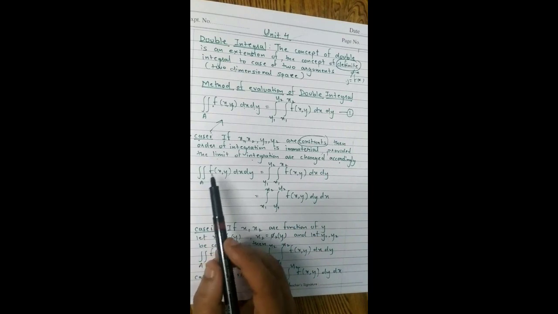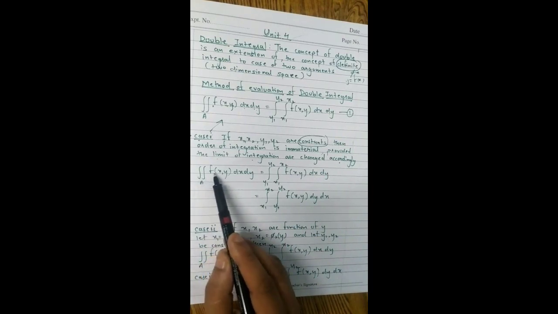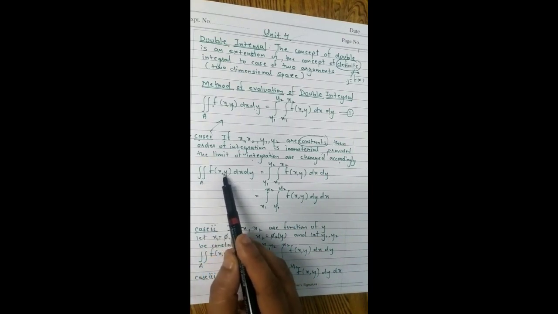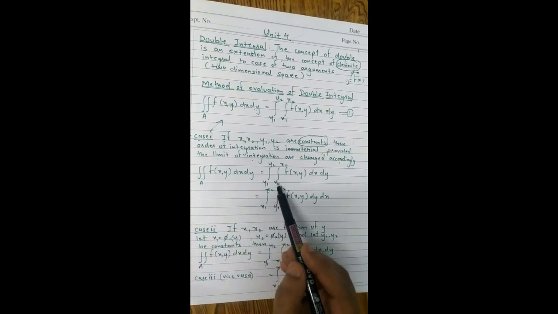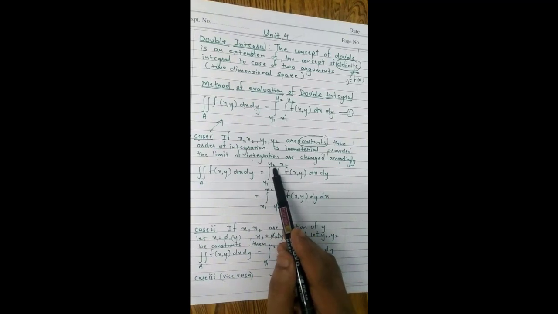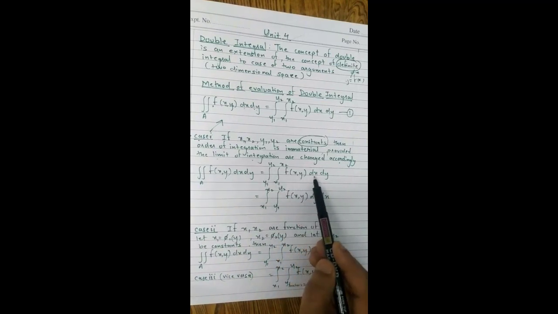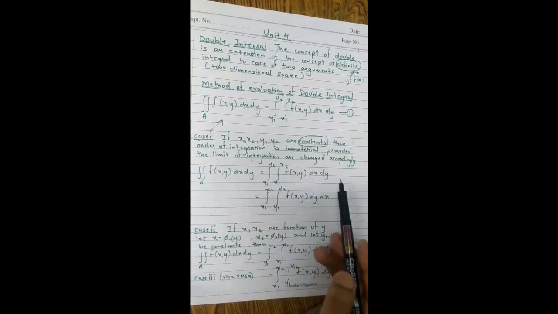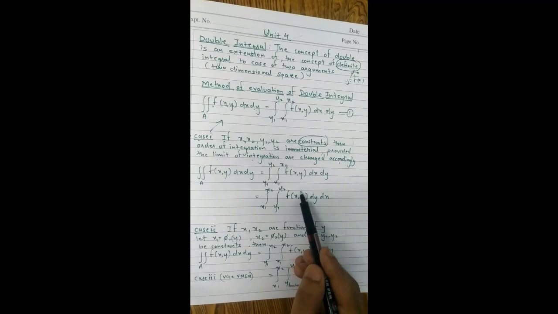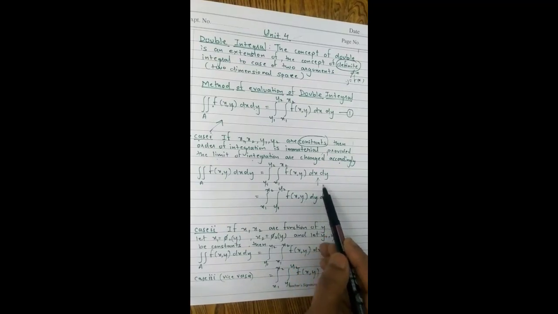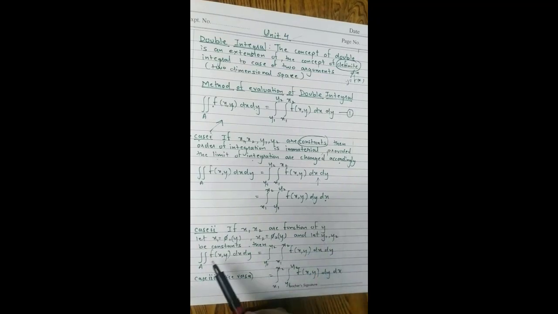So if you have been given a double integral of a function of two arguments, dx dy, and x1, x2, y1 and y2 are constants, f of x, y, you will solve it in this manner, that is dx and then dy, provided the limits of integration are changed accordingly. Then the order becomes dy and dx.